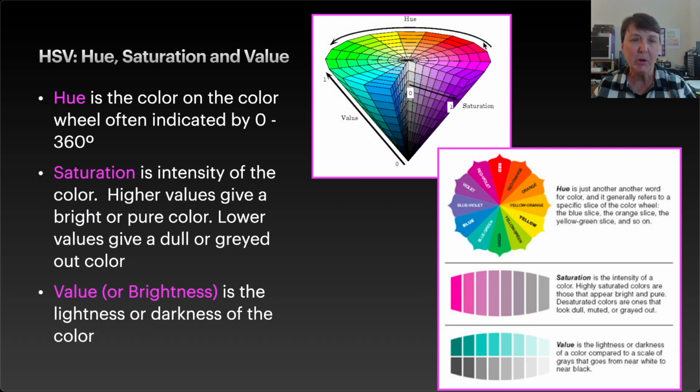So for the homework, Paul asked us to create our own code to go from a hue represented by 0 to 360 degrees, that particular color, and turn it into an RGB code that we could use with our LED.